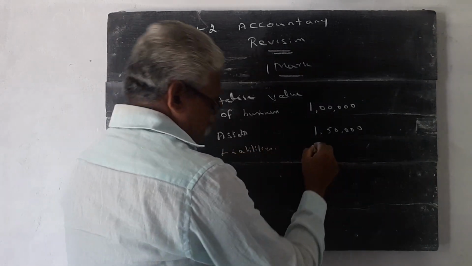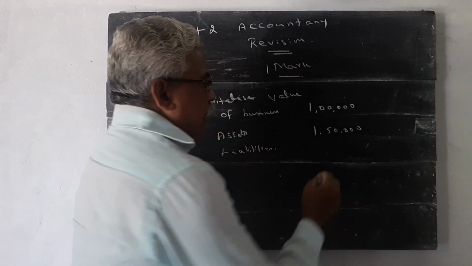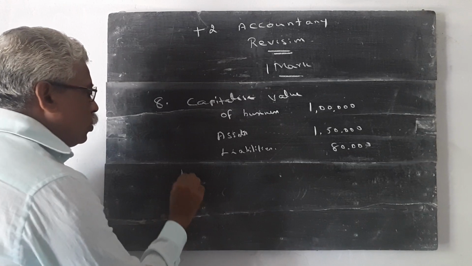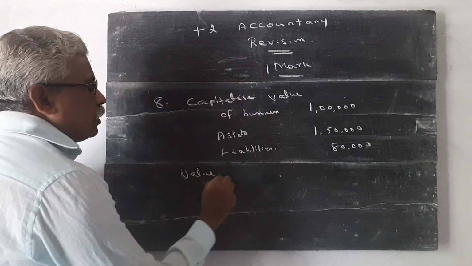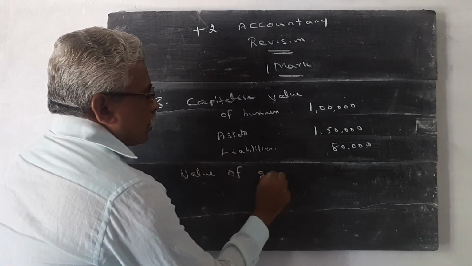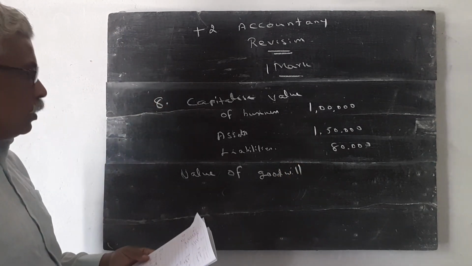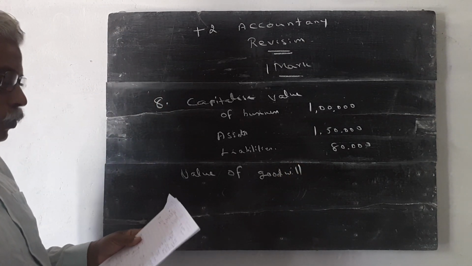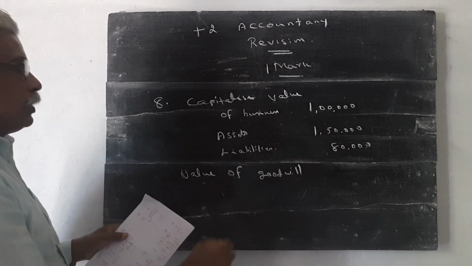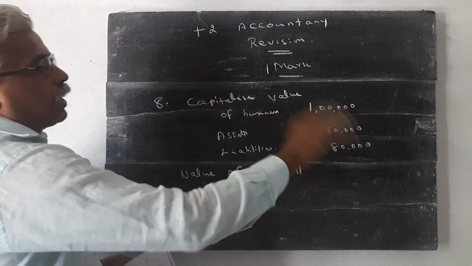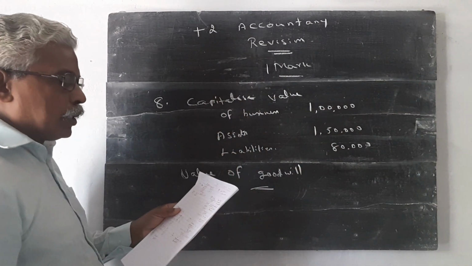Liabilities value is 80,000. What is the value of goodwill? Calculate the value of goodwill. How do you calculate the answer? Here 4 answers are given. Out of 4 you will select the correct answer. The answer is given in the question itself.